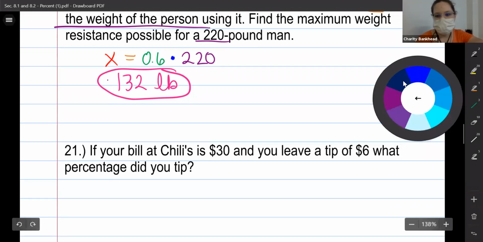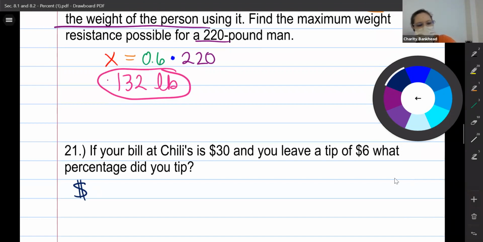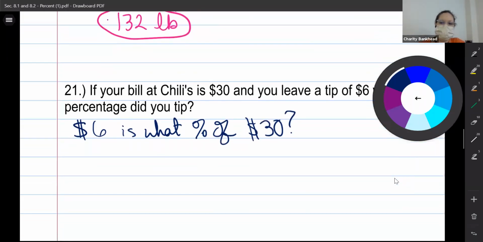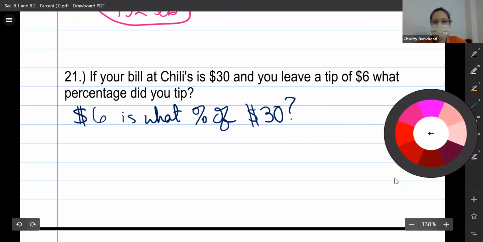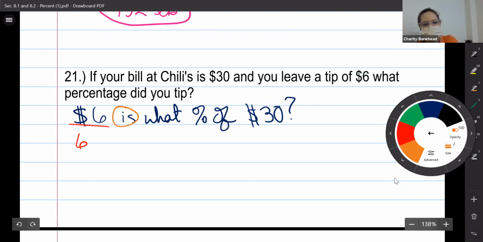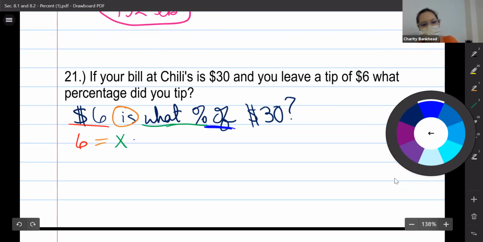So in other words, you could reword this to say $6 is what percent of $30? So that would be 6 equals X times 30.